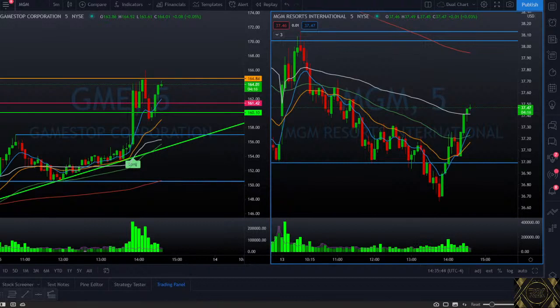That's moving crazily back up now. Like I said, that was my PT at the top there, but there's nothing wrong with taking profits early. If it does blast up again and hit that, it's going to go to $5. That's going to be an easy 200 gain per contract.